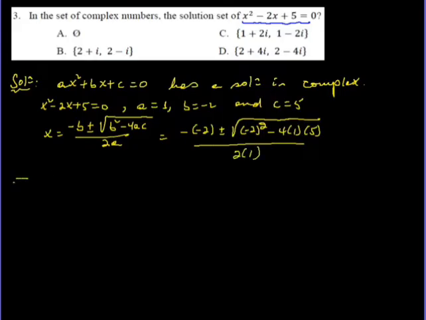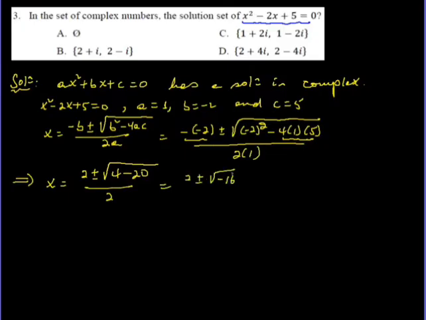Okay, so the solution becomes x equals minus of minus 2 is positive 2 plus or minus square root of minus 2 square is 4 minus 4 times 1 times 5 is 20 over 2. This means 2 plus or minus square root of negative 16.